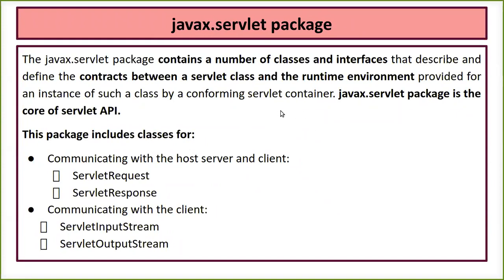So the servlet API helps us have communication between the class we create, where I have the implementation of servlet, and the runtime environment, that's nothing but your JVM, where execution happens. The javax.servlet package is known as the core of the Servlet API, because it was one of the first things in the picture. After that, javax.servlet.http came with some advanced features. That's why it is known as the core of the Servlet APIs.